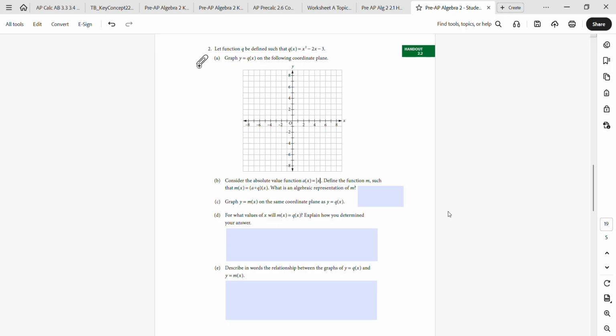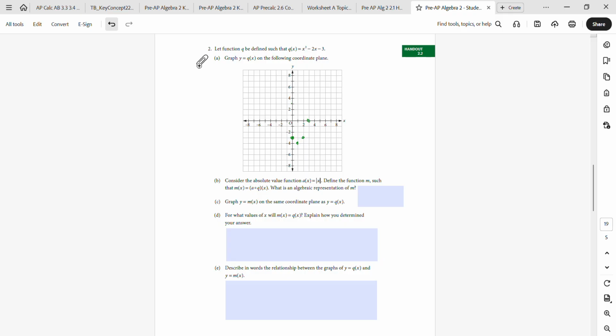This one has a y-intercept at 0, -3. It has a minimum at 1, -4, and then a point at 2, -3. Then the next point is at 3, 0.